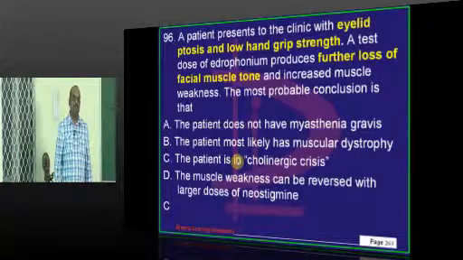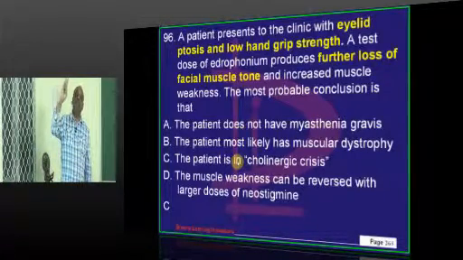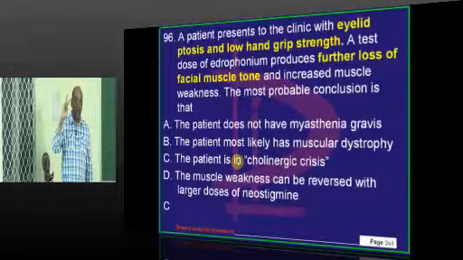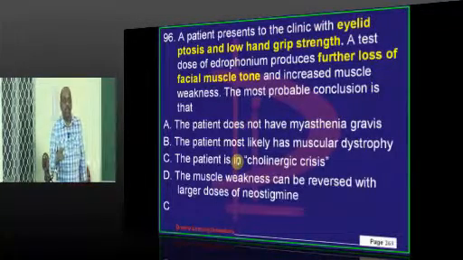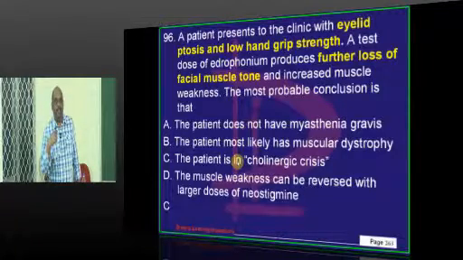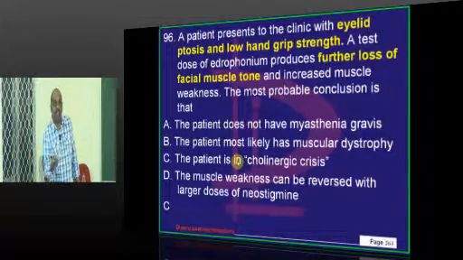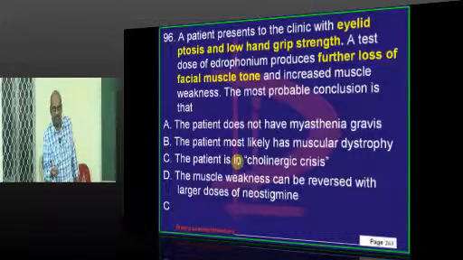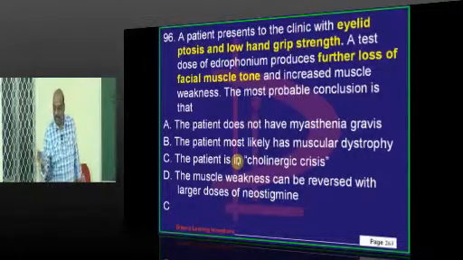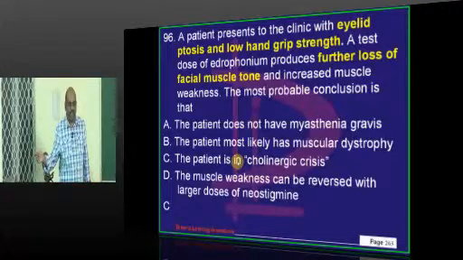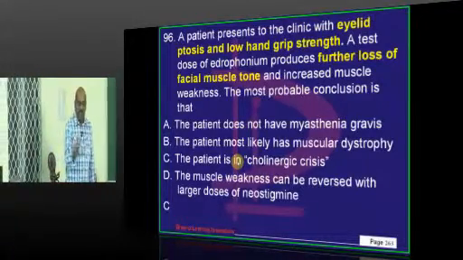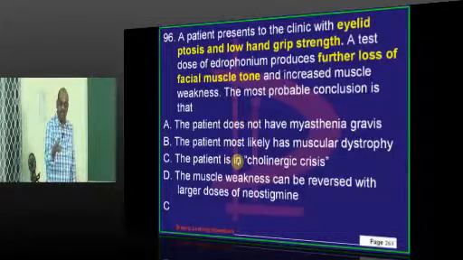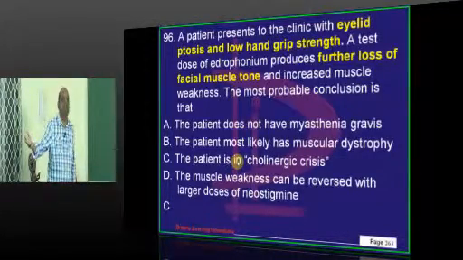Now, a patient of myasthenia who is under treatment is having weakness. It can occur in two situations. Number one, suppose the amount of physostigmine which you have given is inadequate, it is unable to inhibit a sufficient amount of cholinesterase, sufficient acetylcholine is not accumulating, hence weakness did not improve.